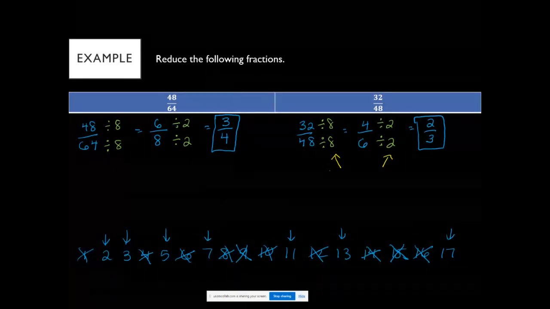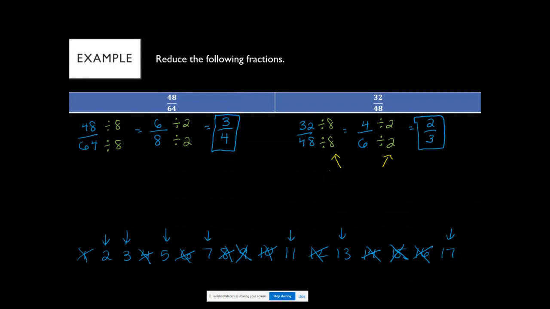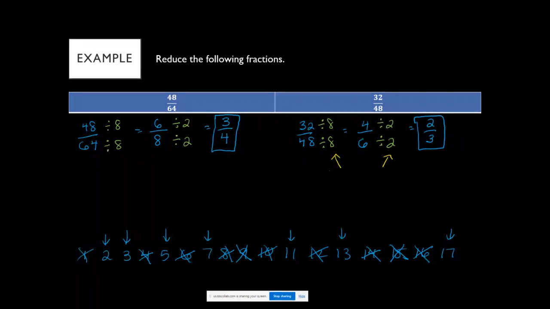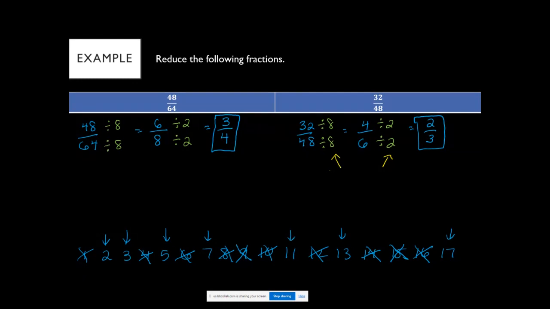There are rules for 4, for 8, for 3, but those I don't remember, but you can always look them up. It's part of the mental math tricks that some people do, memorizing these rules. Then they know, okay, I can divide this by 4 because it fits the rule. But starting with 2 and 3 is pretty good.